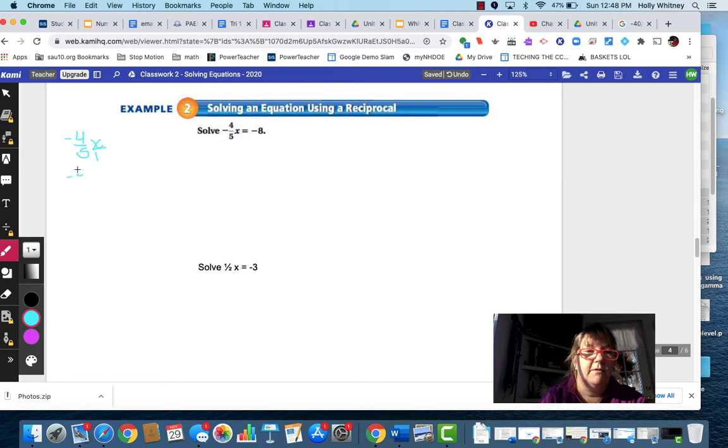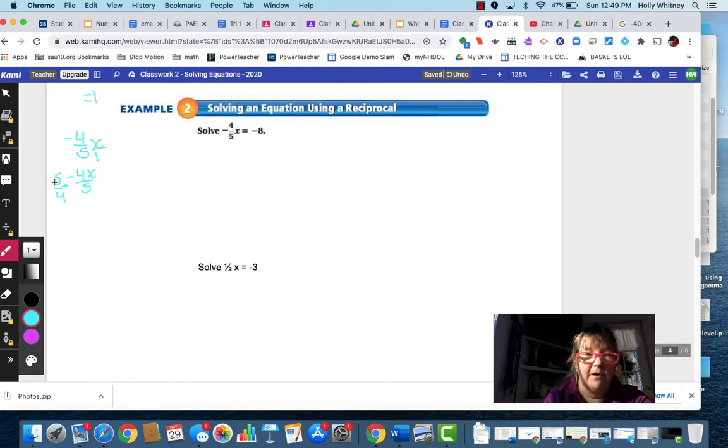So if it's -4x divided by 5, I can multiply this by something called the reciprocal. The reciprocal means that whatever I multiply this by has to equal 1. So if I multiply that by 5 over 4, I'm going to stick my little negative sign in there, so don't forget it.